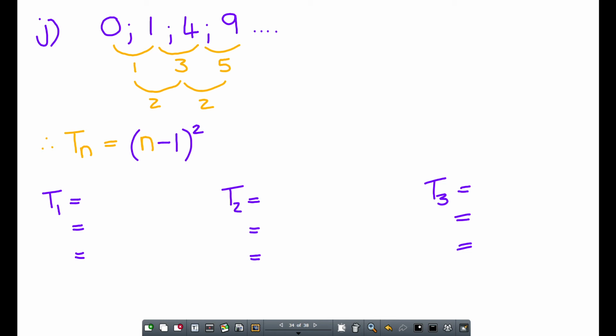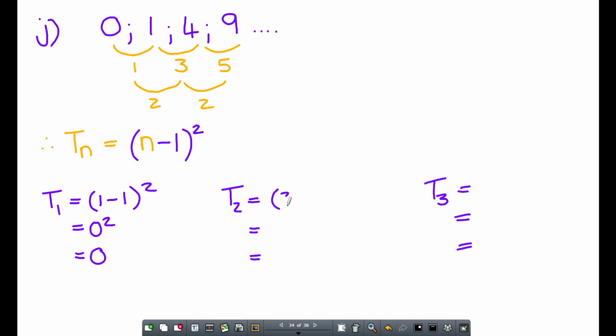Do you guys understand? So now let's go test. If it's term 1, then 1 minus 1 to the power of 2, then I'm going to have 0 to the power of 2, and that still gives me 0. And is that the answer that I'm supposed to have at term 1? Yep. Okay, now let's look at term 2.